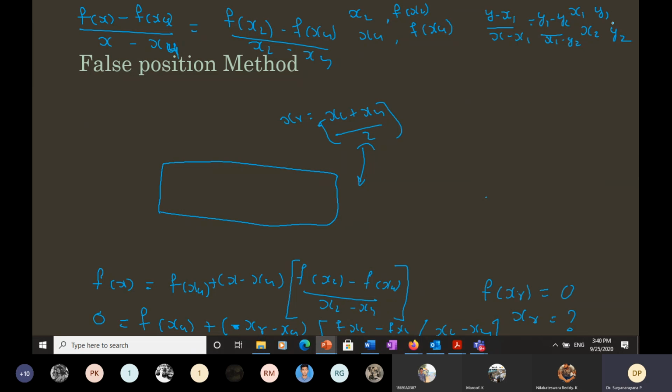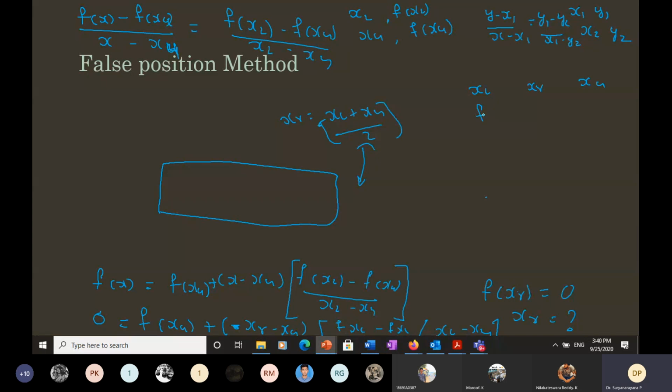So the generalization of the procedure is you have XL, XU. Now you are finding the midpoint XR. In this bisection method, we are finding the midpoint. In the false position method, it could be anywhere, but it will be between these two.